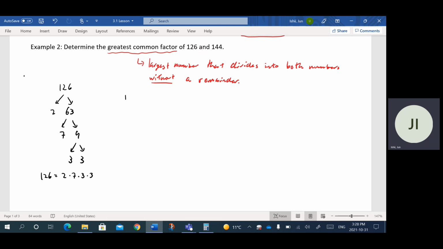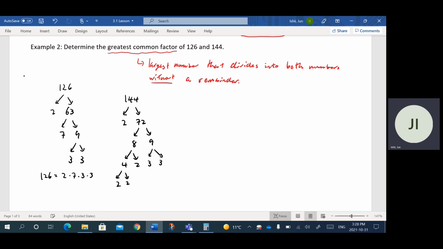Now you do the same thing with 144. So if I break this one down, that's the same as 2 times 72. 72 I can write as 8 times 9. The 8 I can break down as 4 times 2. The 4 here I can break down as 2 times 2. And this 9 over here, all right, so these are all prime factors, 3 times 3.